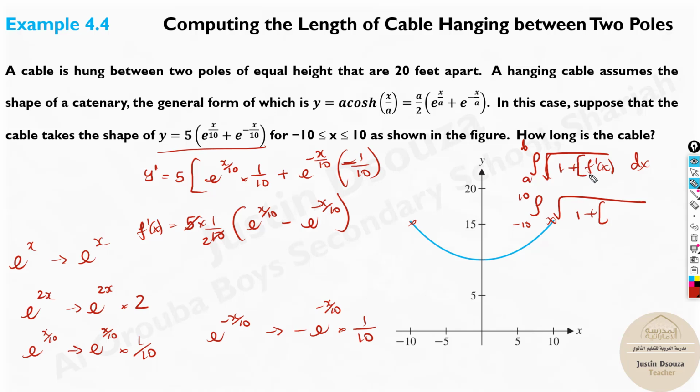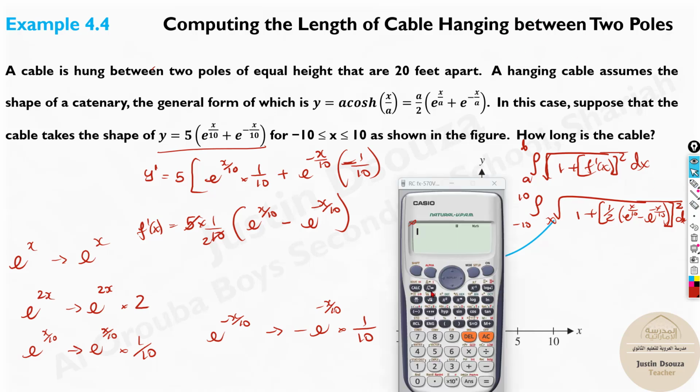And oh, I forgot to square over here. That is very important. Square is required. So it's half into e to the power x by 10 minus e to the power minus x by 10. This I'll close and square it up, dx. So this is it. I'll just put it in the calculator now and we can easily solve it.